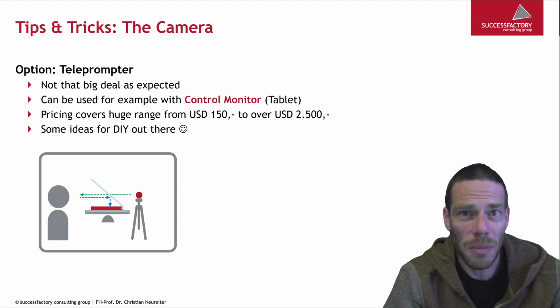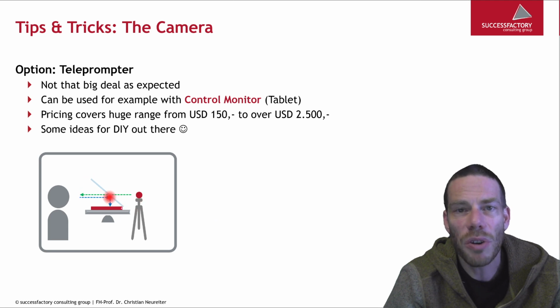So the basic concept of these teleprompters is we have a half mirror. So this means you can see through it from one side, but it is a mirror from the other side. And with this setup, basically you just put your tablet here. And if you look at the mirror right now, then you see your monitor or your tablet.